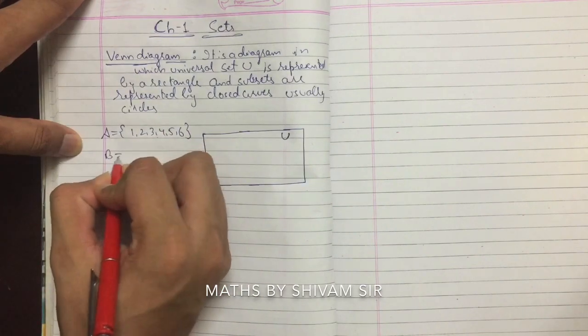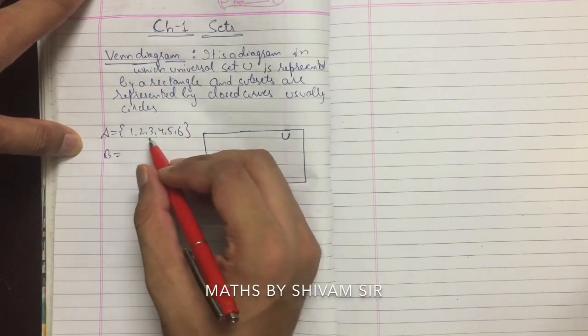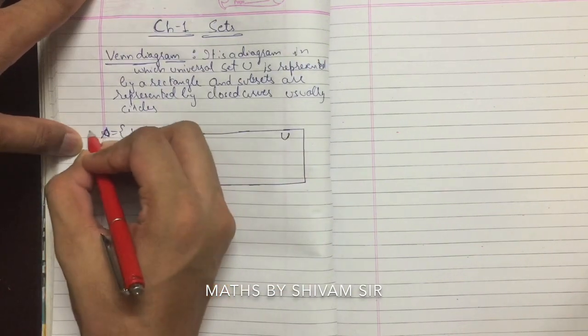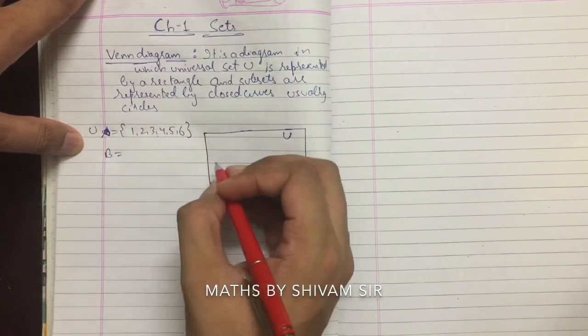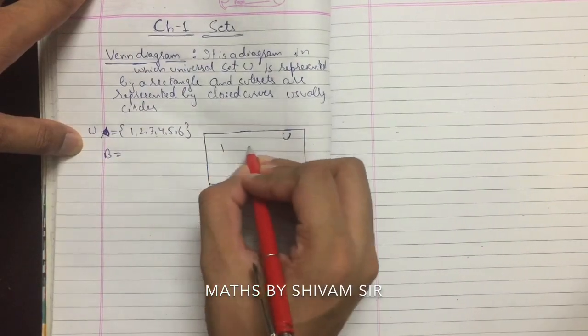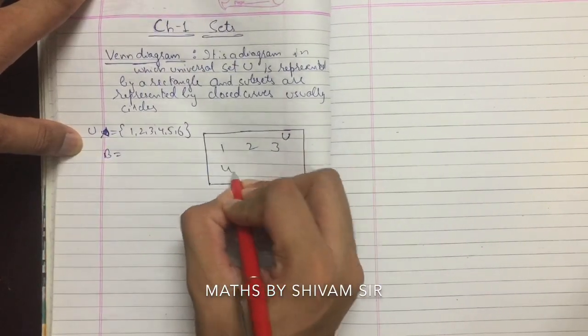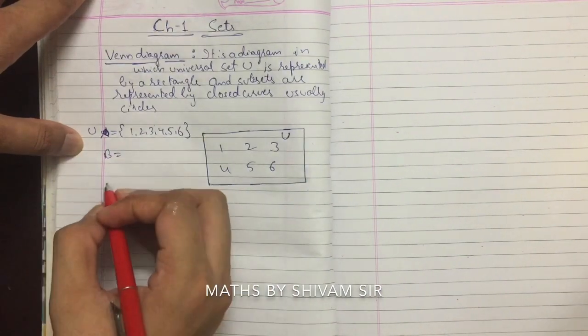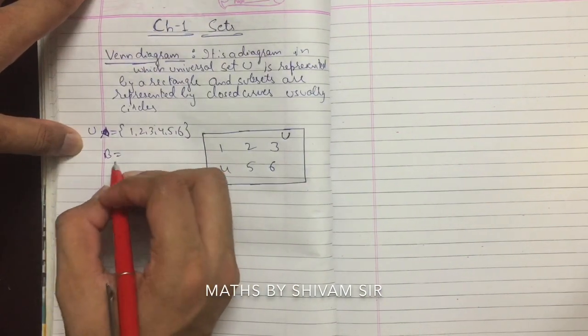Let this be the universal set with elements 1 to 6.